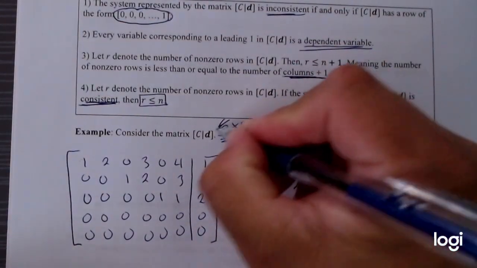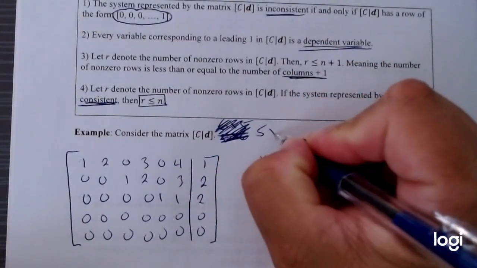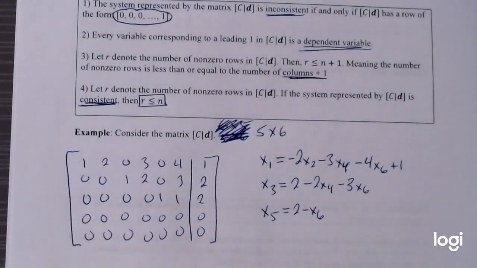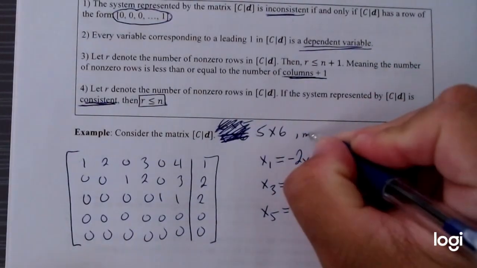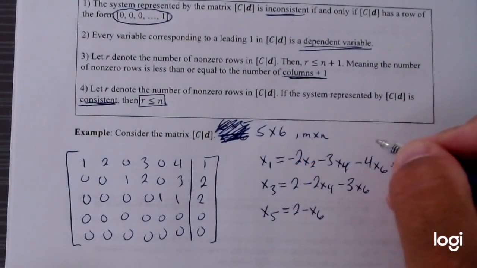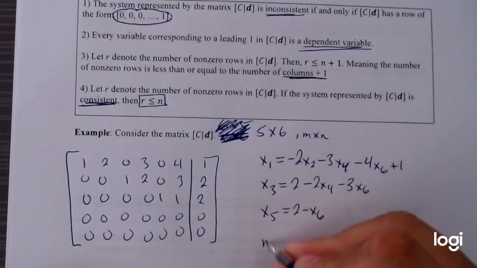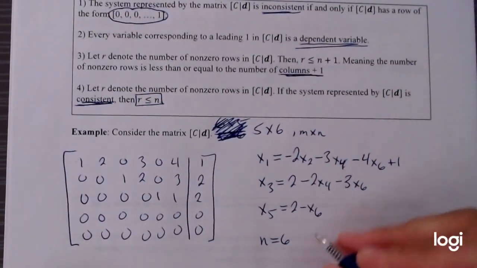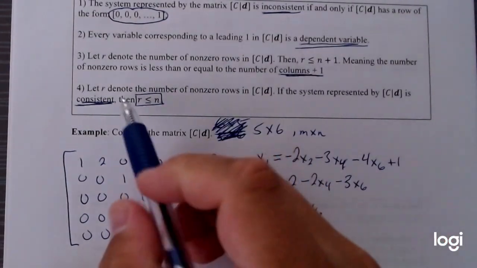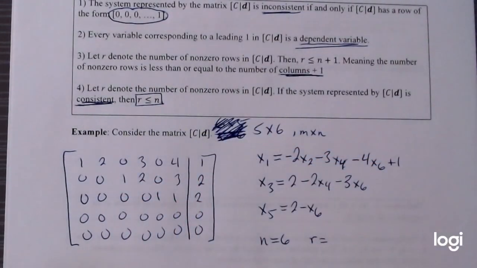Oh, sorry, no. I was right the first time. Rows go first. We have 5 by 6. So therefore, if it's m by n, we have n equaling 6 this time.